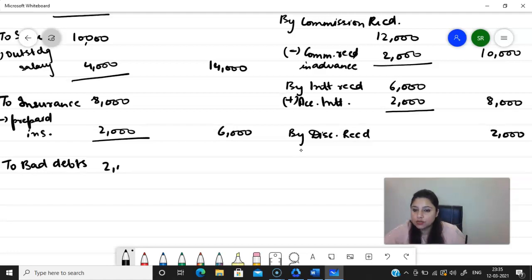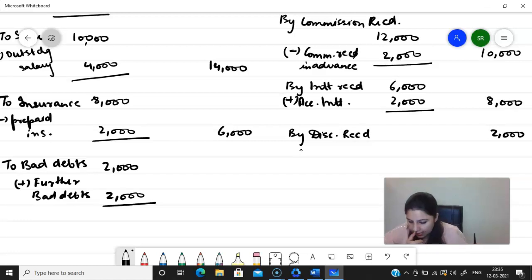Again, in the adjustments, point number F says further bad debts amounted to rupees 2000, so that we will be adding in the bad debts account. So further bad debts amounting to rupees 2000 would be added here.